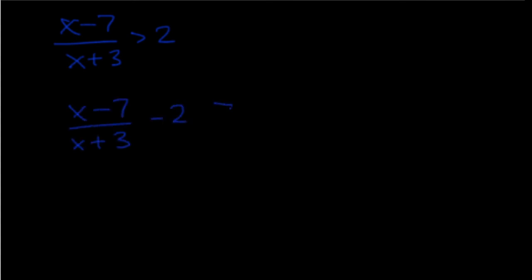Let's move on to a more complicated problem. I have x minus 7 over x plus 3 greater than 2. I'm going to bring the 2 over to the left side, and then I'm going to get a common denominator. So the common denominator here is going to be x plus 3.